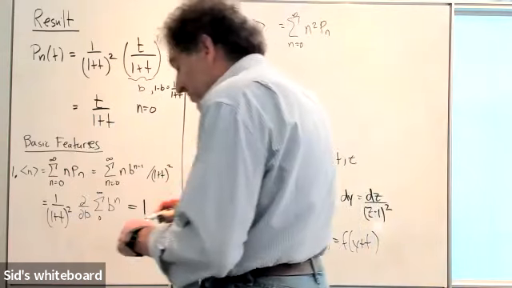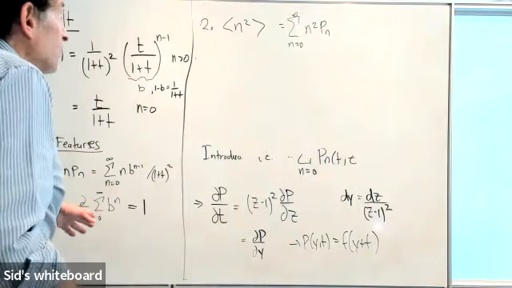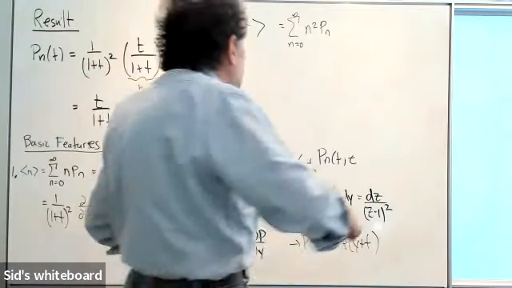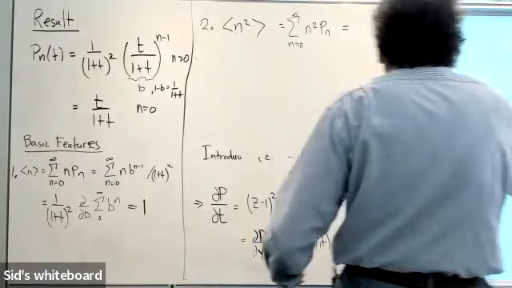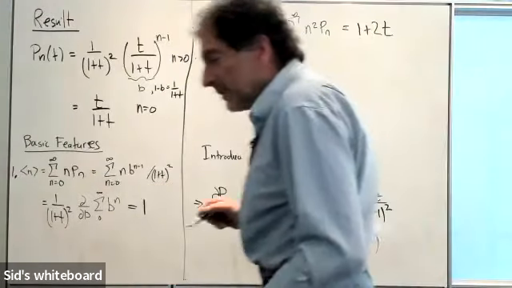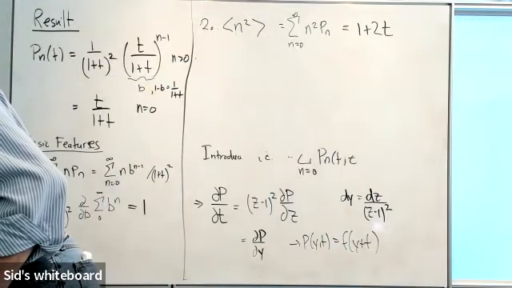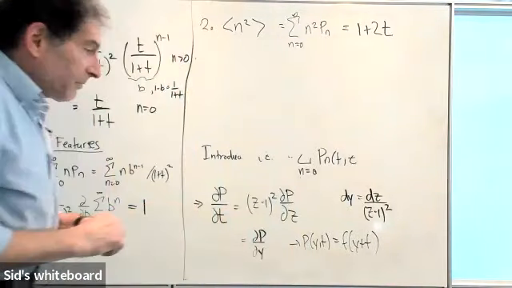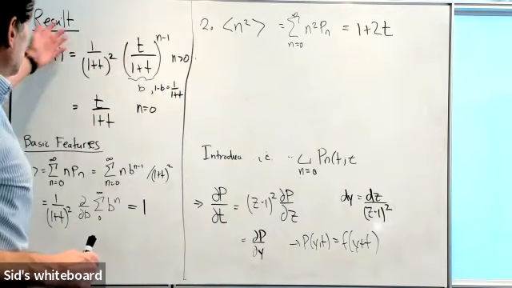And again, you can do the same kind of differentiation trick as I've done over here to write this in terms of a differentiation. And if you do that, what you're going to find is that this is equal to 1 plus 2t. I think that's correct. Let me just check. Yes, it is correct.